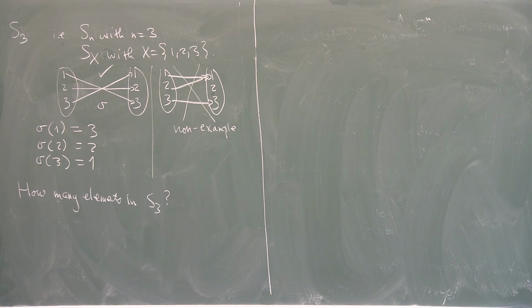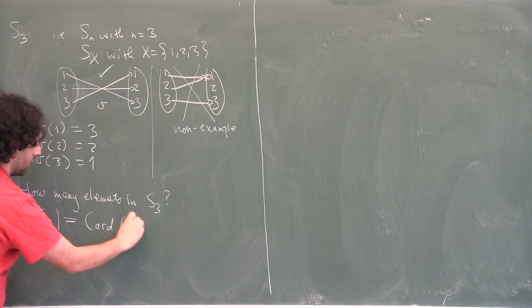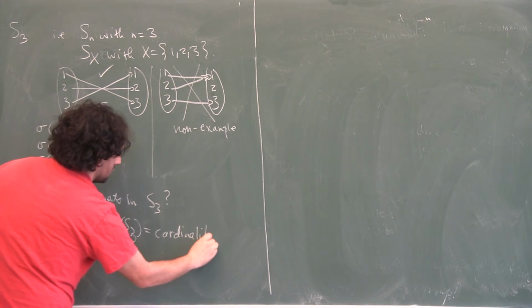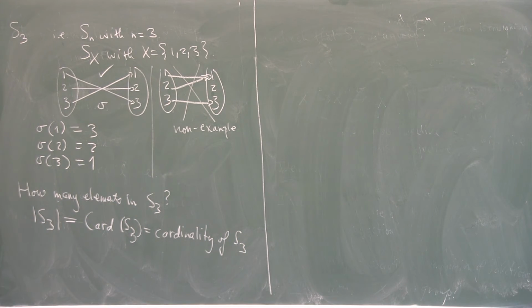By the way, I will use this notation for the number of elements, and I will also talk about the cardinality of the set S_3, and similarly for the cardinality of any other set that will show up in the course. Okay, so let's get back to the problem at hand. How many elements in S_3?